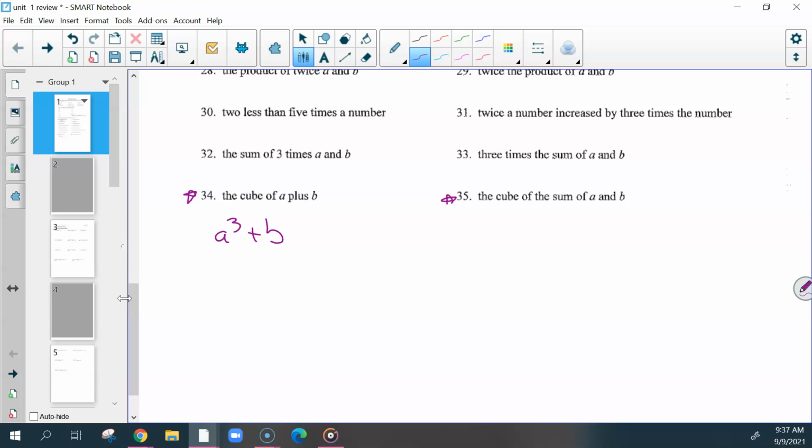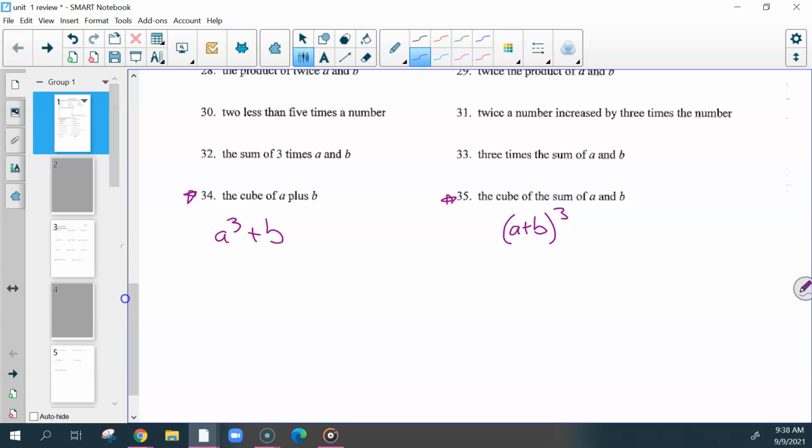Number 35, the cube of the sum of A and B. Felix. So how would I show all together that it's cubed? Parentheses. Add parentheses.